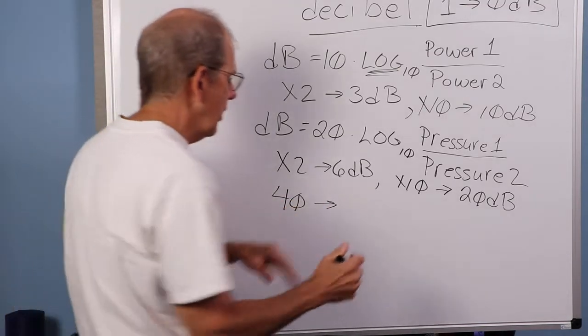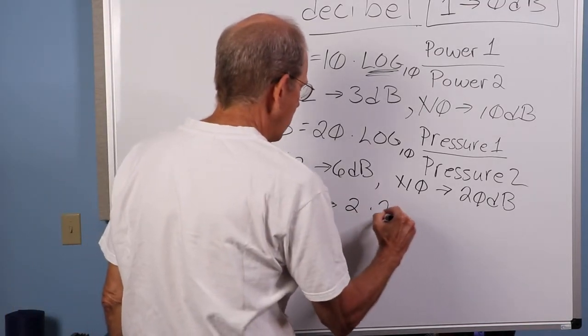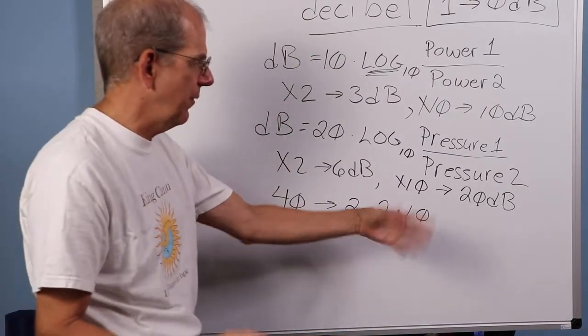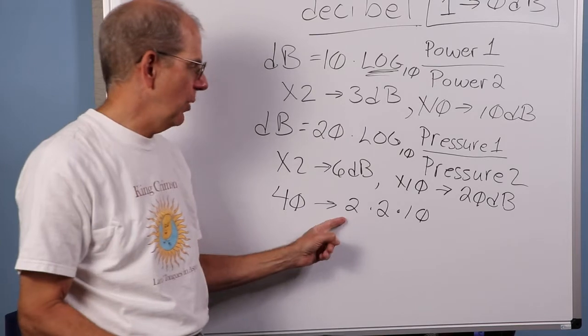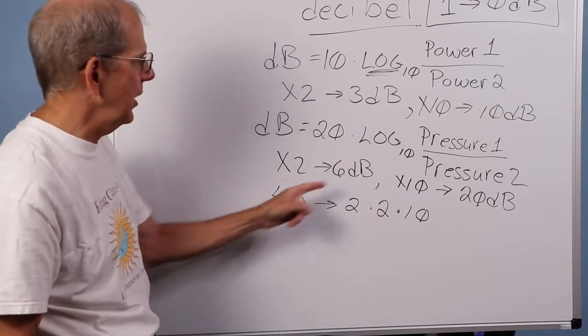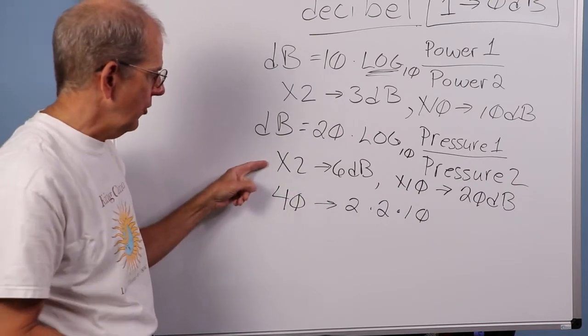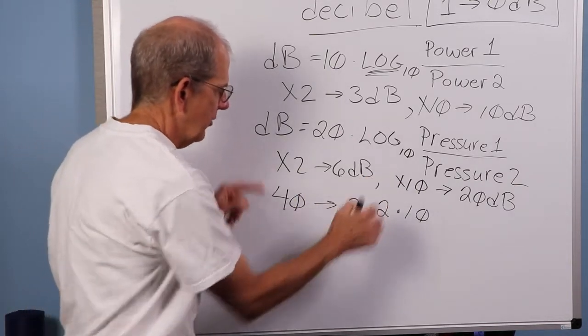Anyway, so 40 you can think of as 2 times 2 times 10, right? 2 times 2, 4 times 10, 40. Okay, so take each one of these factors of 2, because we're doing a pressure version now, right? Each one of these factors of 2 turns into 6 decibels.